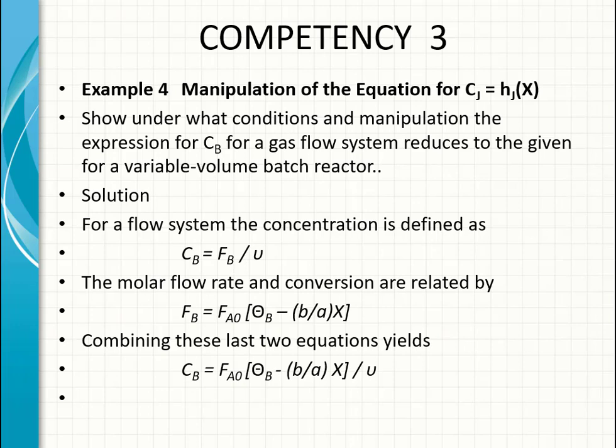Well, here the solution is that for a flow system, the concentration of B is equal to the molar flow rate of B divided by the volumetric flow rate v. The molar flow rate and conversion are related by FB equal to FA0 times theta B minus b divided by a times X.